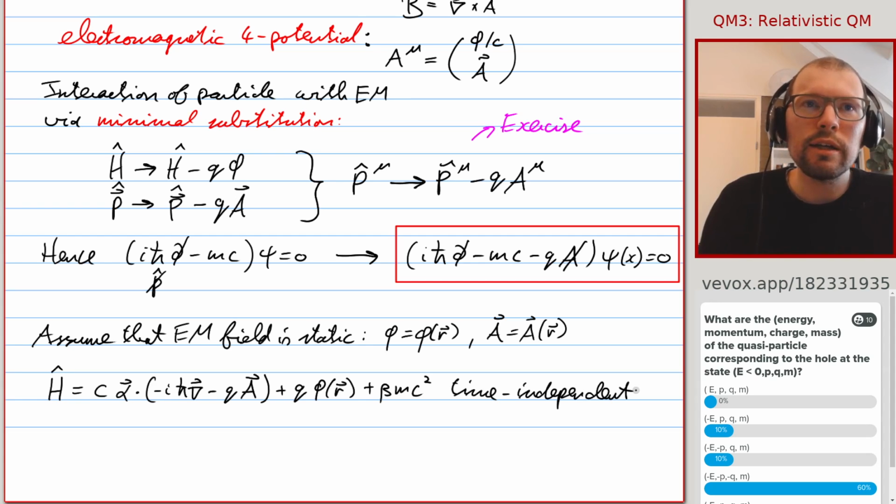And from quantum mechanics, you know well what to do to find the solutions there.